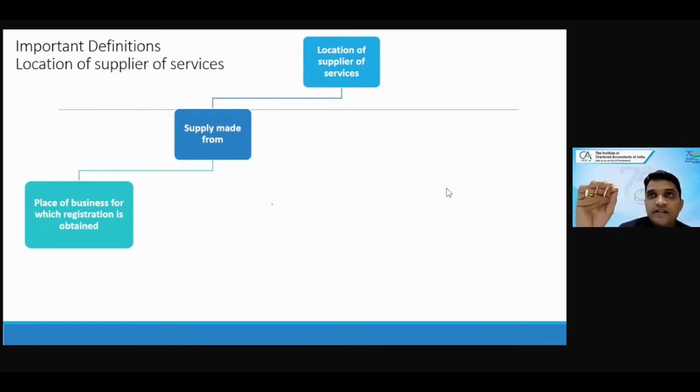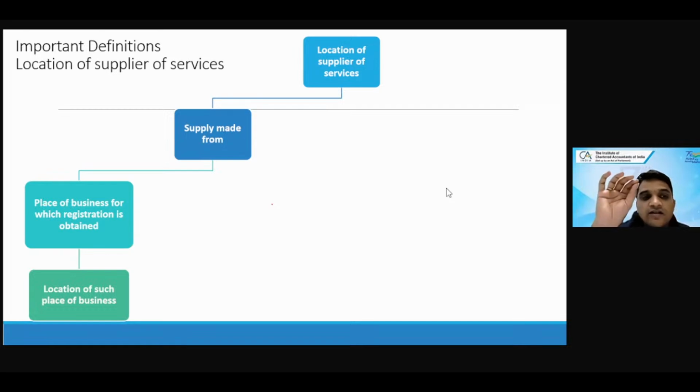If he is providing some service, he can provide from anywhere, but he is registered. In that case, the place of business for which he has obtained the registration will be the location of such place of business.